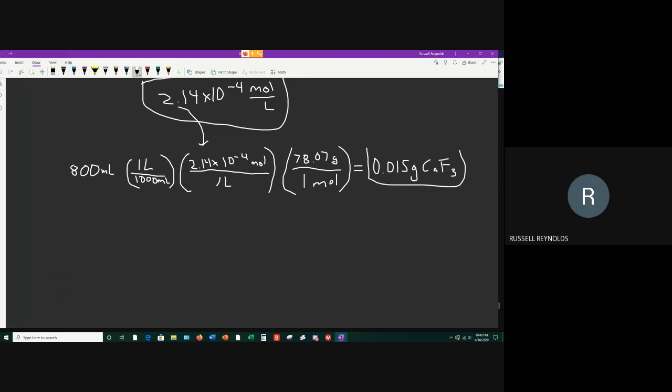So this is your final answer. So this is how many grams of calcium fluoride will dissolve in 800 milliliters of water at standard conditions. And there you go.